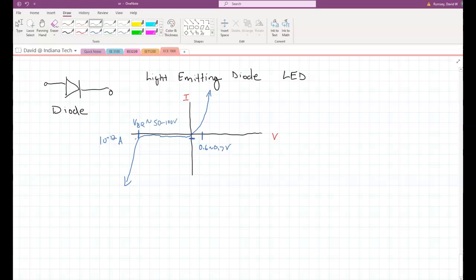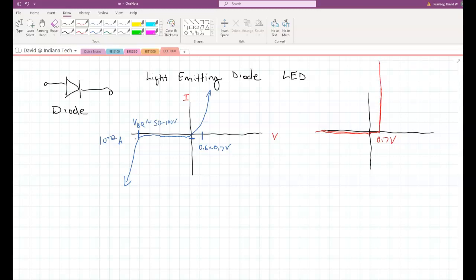So really, you want to think of an easier, more ideal way of thinking about a diode. Again, this ideal way of thinking is not accurate, but it's an easy way to think of it: we have no current when we're less than 0.7 volts, and then once we hit 0.7 volts, we can basically get as much current as we want going through that diode.